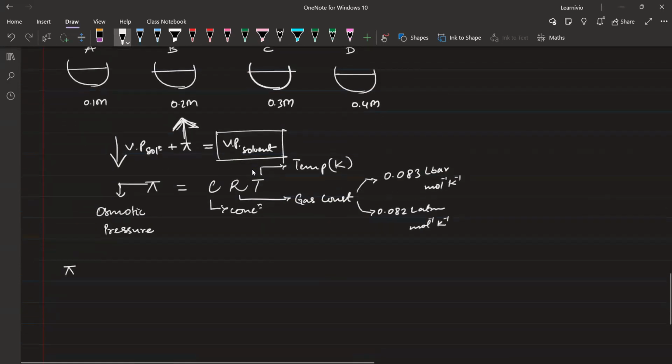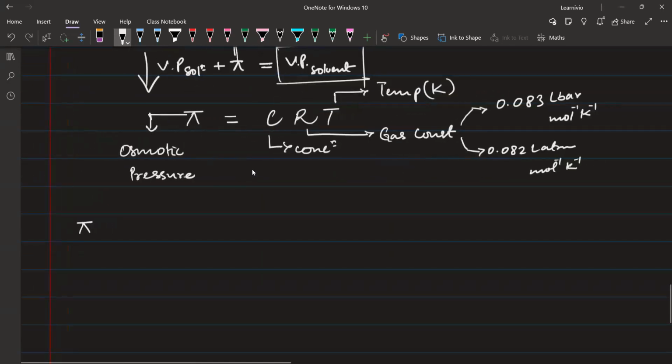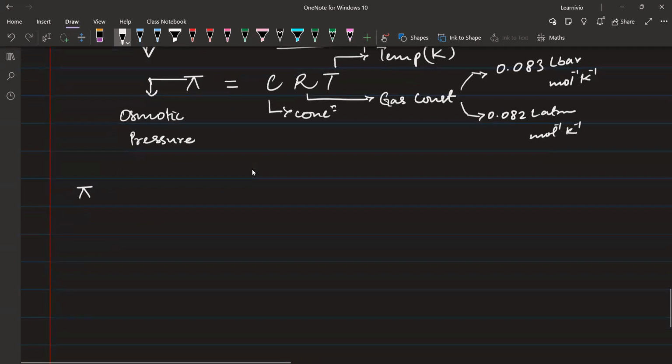And this is the formula, write it down: pi is equal to CRT. The higher the concentration, the more pressure you will have to apply, because the higher the concentration, the lower the vapor pressure will be, so you will have to apply more pressure to equate it with the solvent side. Now concentration is molarity, so I will write pi is equal to number of moles of solute divided by the volume of solution into RT.